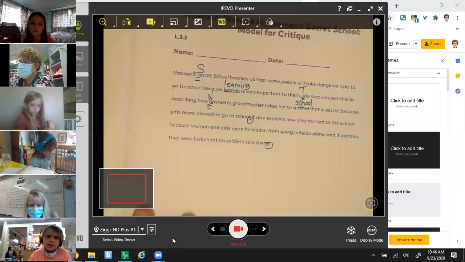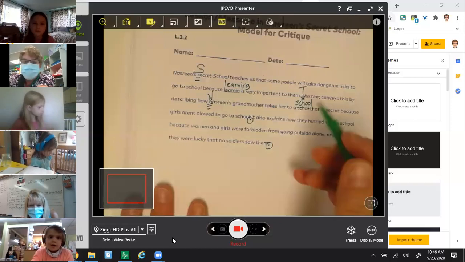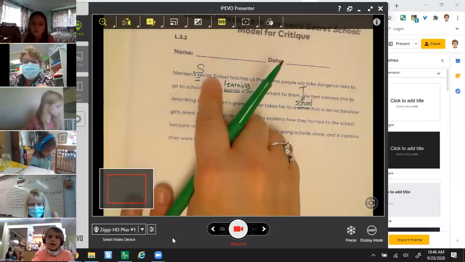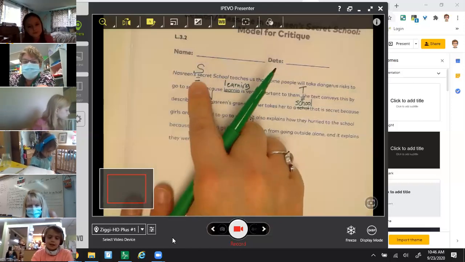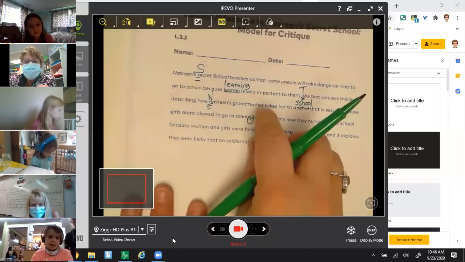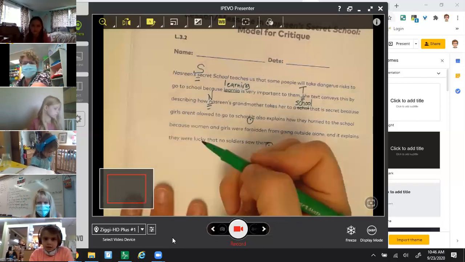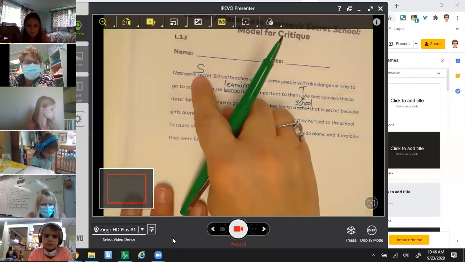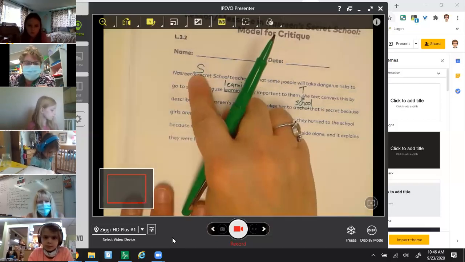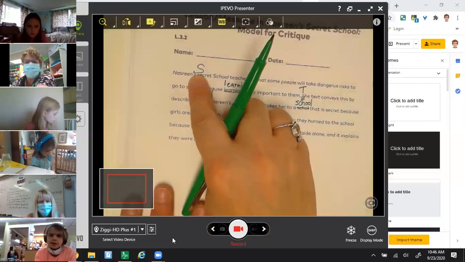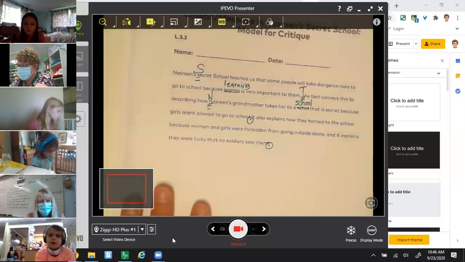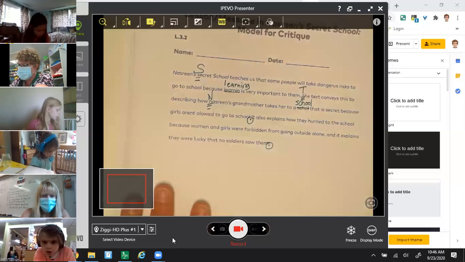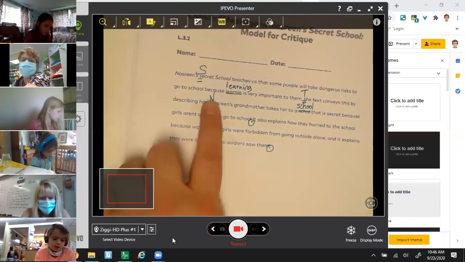School next to secret, right after on the first line, has a tally mark instead of an L. So are you talking about the apostrophe that's right there? No, I'm saying next to secret, there's school, and instead of an L on school, they put a slash mark.